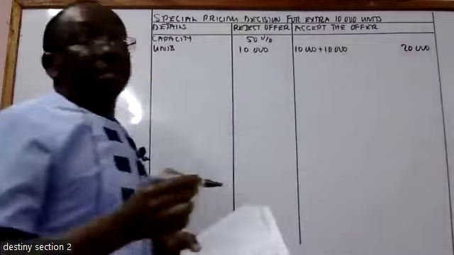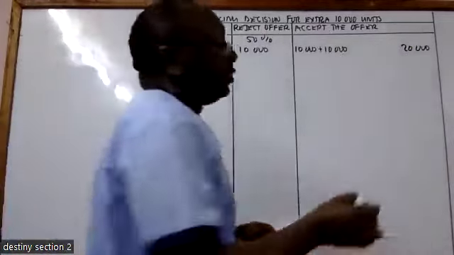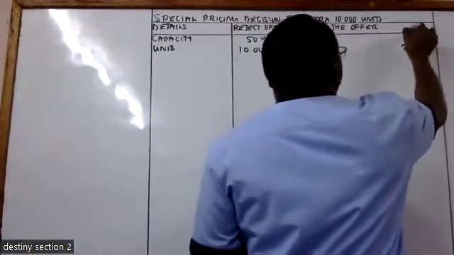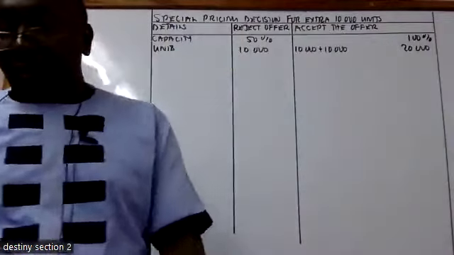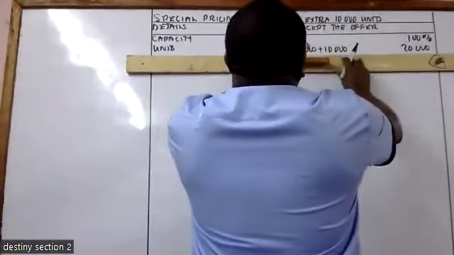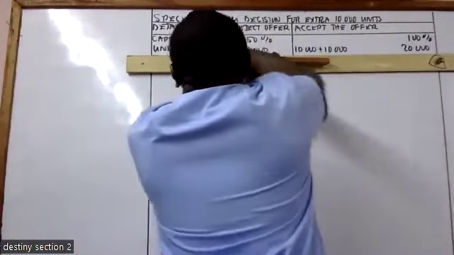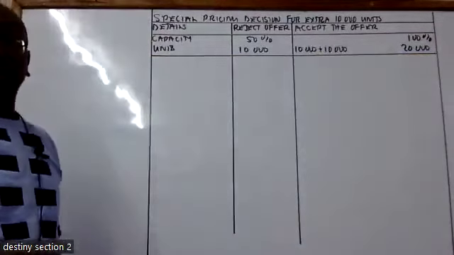That means if 50% was 10, you will be operating at 100%. It's good to understand those basics.